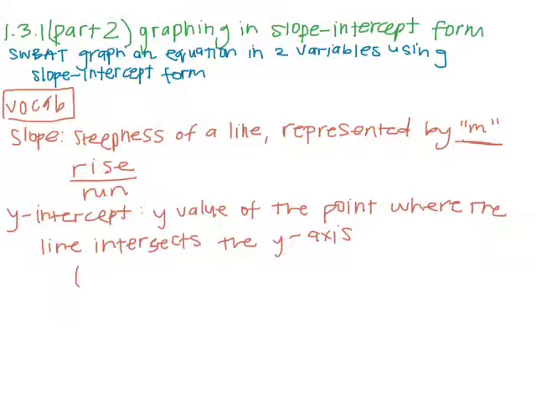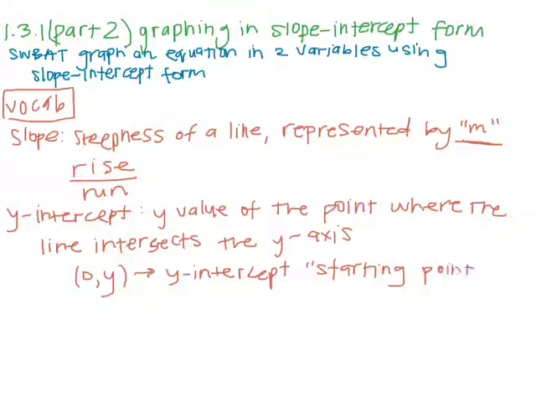So your x value in the y-intercept is always 0, and then your y value is going to change depending on where it is being intersected. And in terms of graphing, the y-intercept is typically your starting point. So slope and the y-intercept are the two most important parts of graphing linear equations.